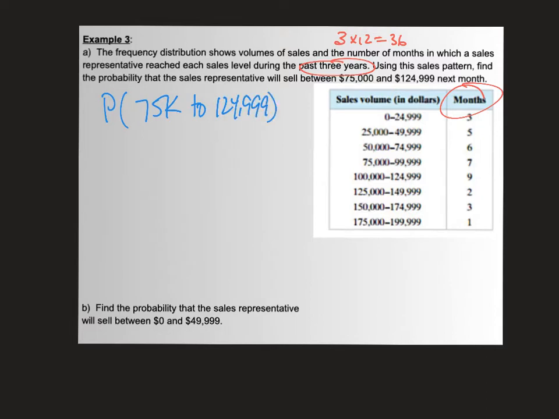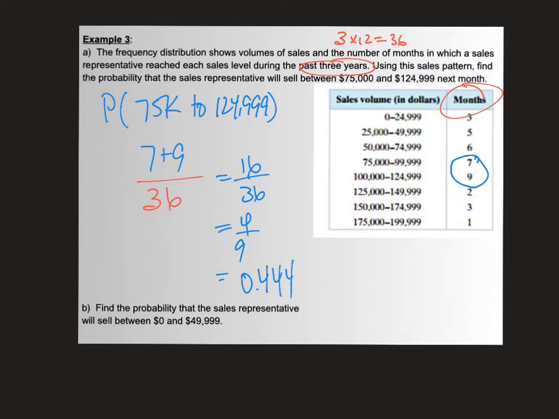Well, 75K to 100, okay, so it's these two numbers right here. So you add 7 plus 9, so it's really 7 plus 9 over the 36 months that we have, and that is 16 over 36, which is 4 over 9, which as a decimal would be 0.444.